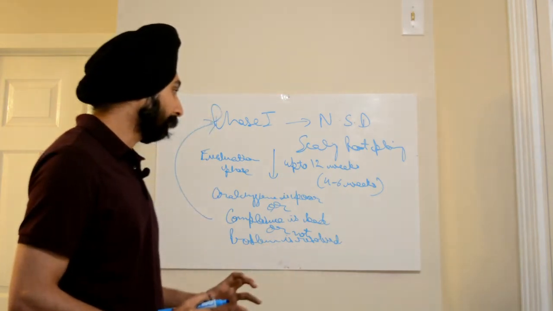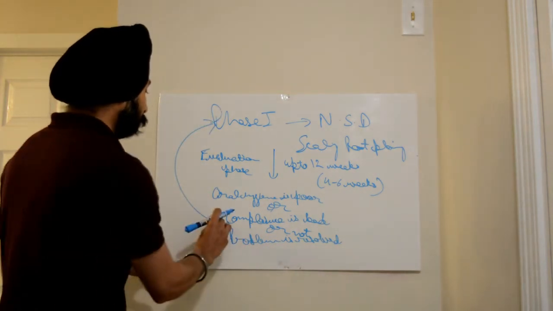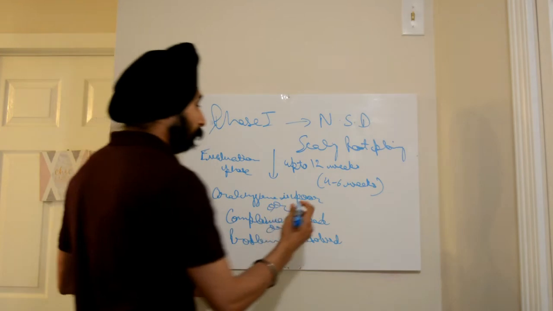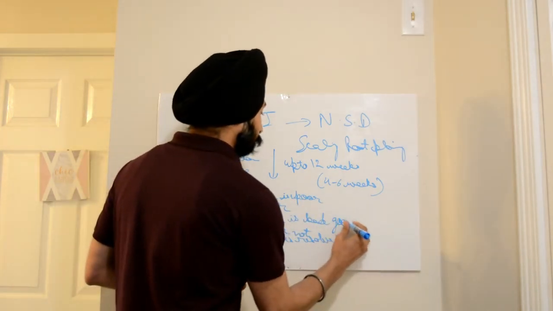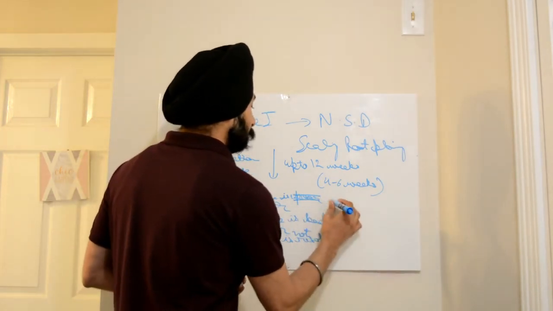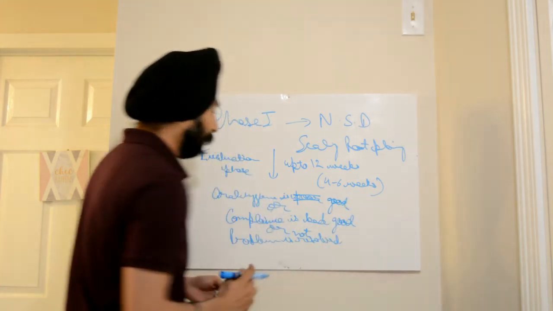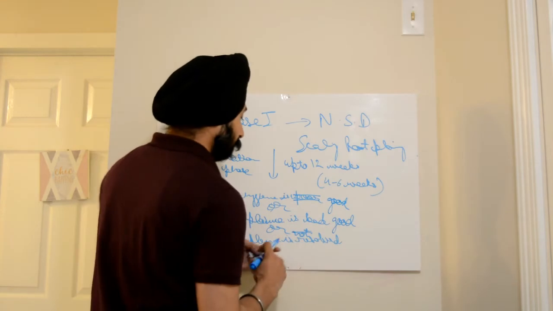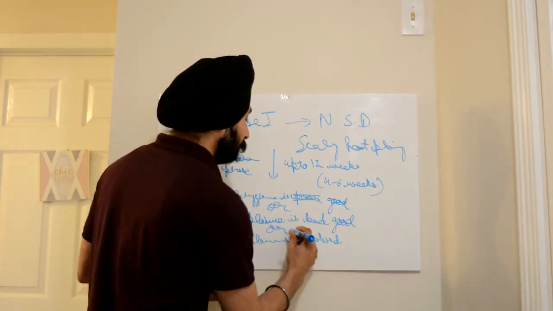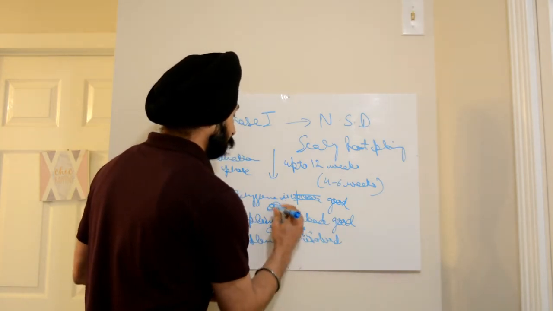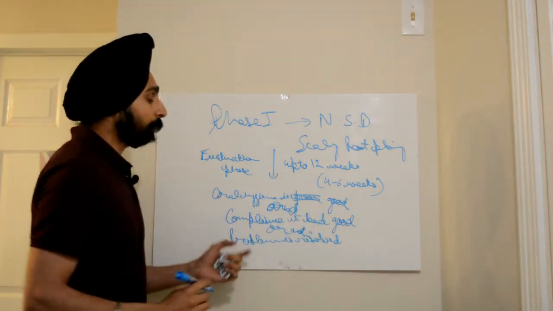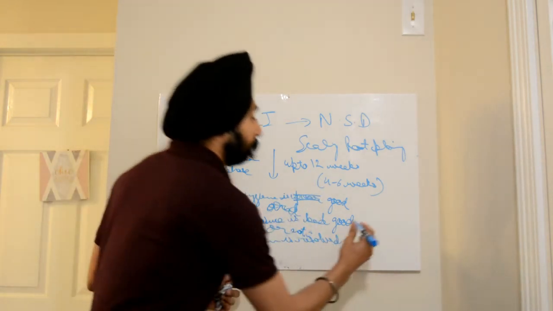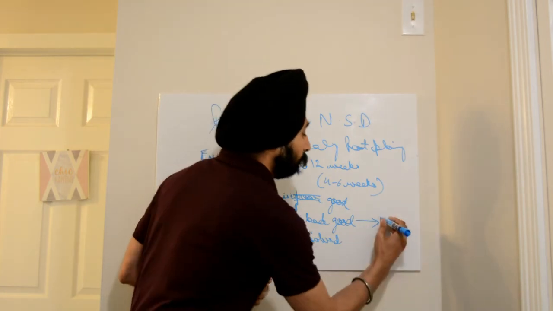But let's say the patient came to you, his compliance was good, his oral hygiene is good, but his problem is not resolved. So now the dentist will put the patient into phase 2.